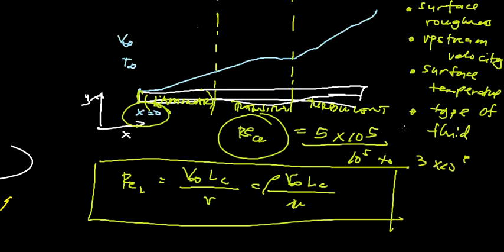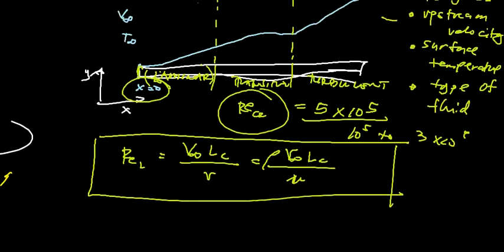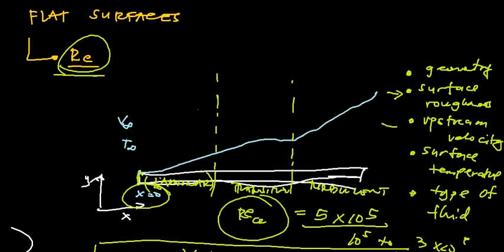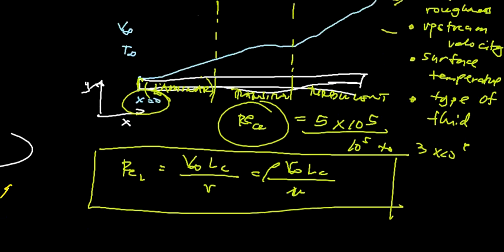So it actually depends on different factors, especially the roughness of your surface and the turbulence level of your free stream. Once again, you need to consider this flat surface, this condition, and know your Reynolds number.